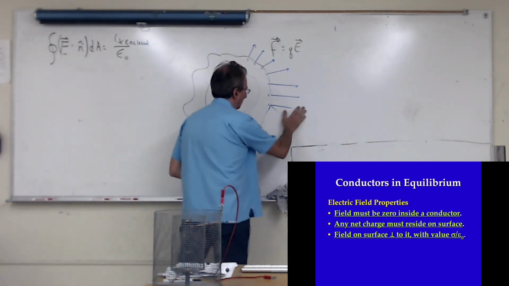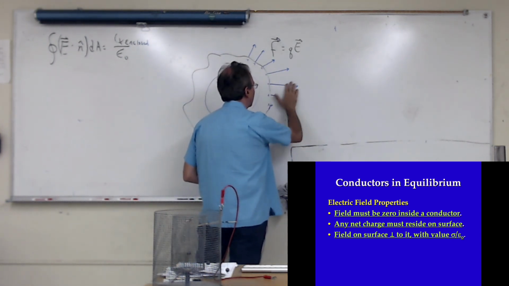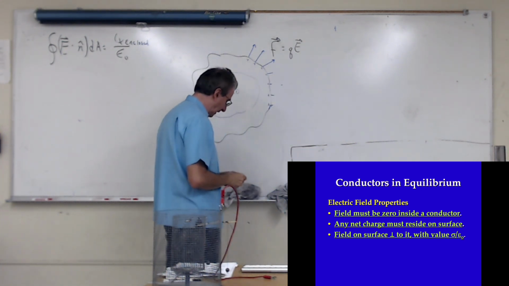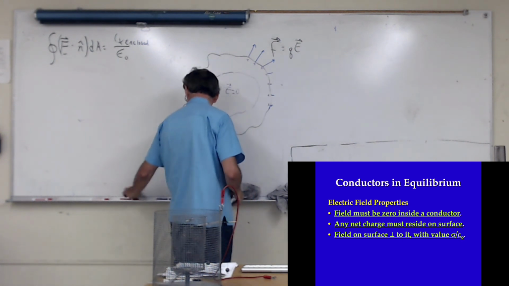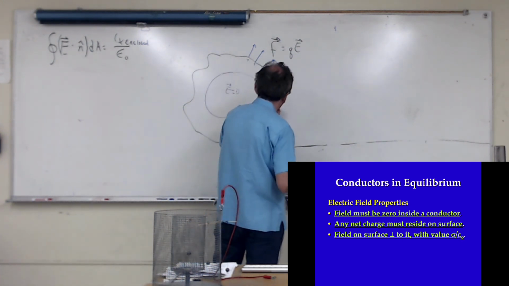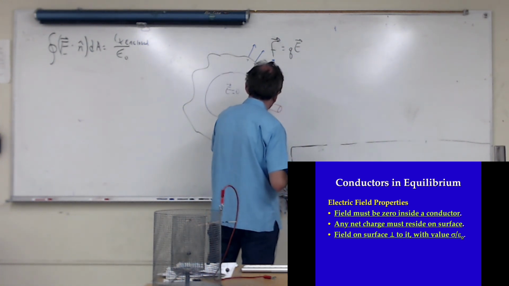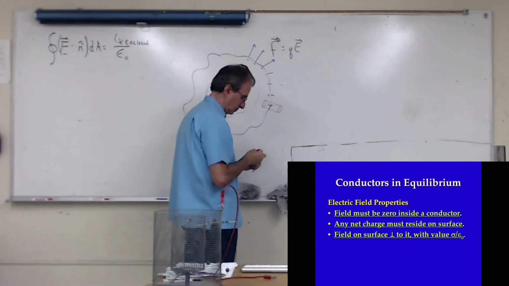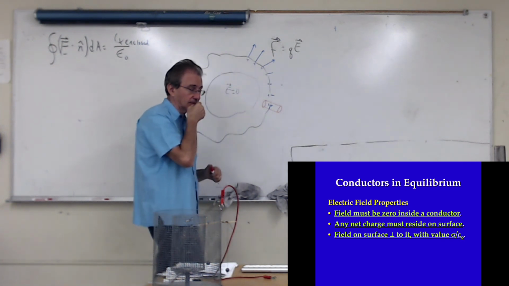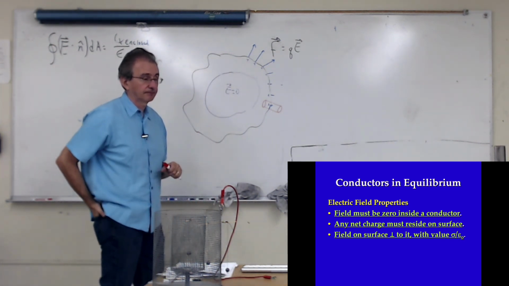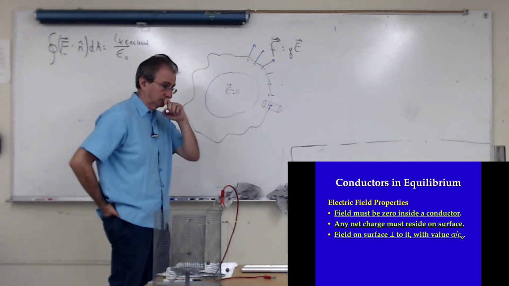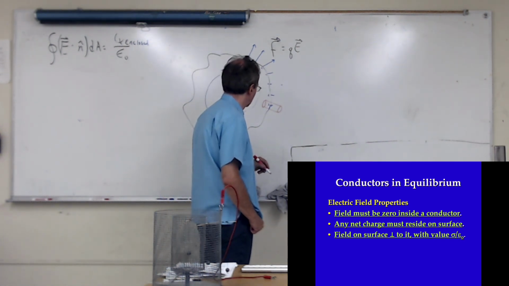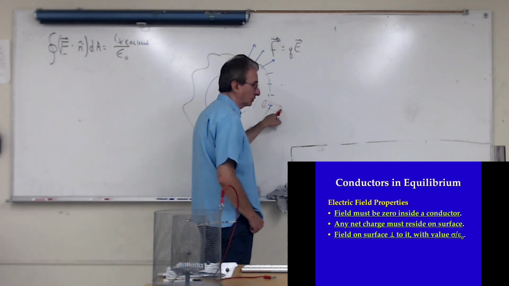Furthermore, we can actually calculate the electric field at the surface by applying Gauss's law. I'm going to use my pillbox and apply Gauss's law on this thing. There's a field coming out of here.